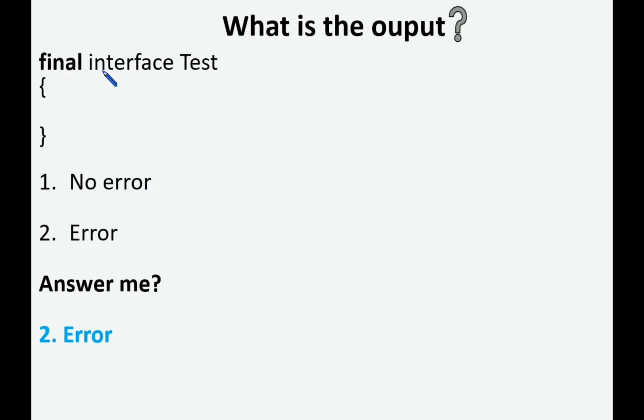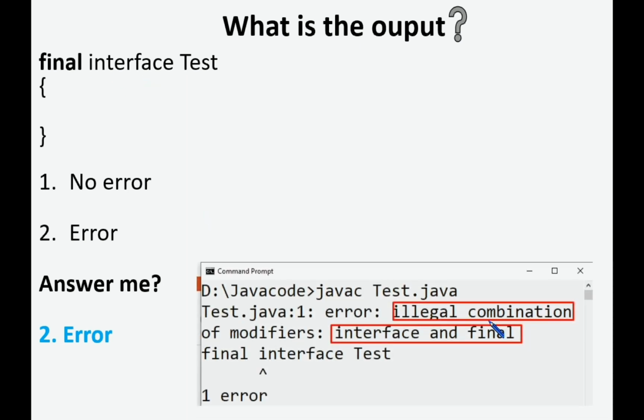If it is an interface, it should be inherited, whereas if it is final, we can't do inheritance. That is the reason whenever we use the final modifier as a prefix in the declaration of an interface, it shows an error like this: illegal combination of modifiers, interface and final.